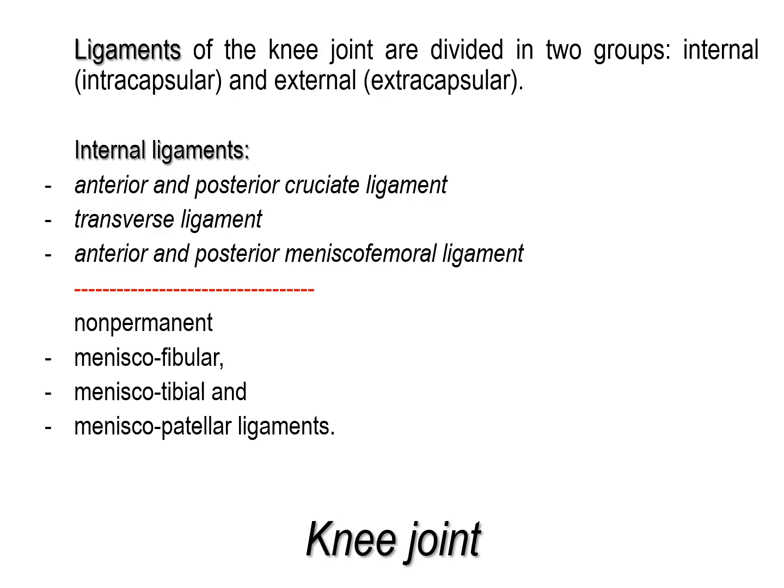They are permanent ligaments of the knee joint, but in some cases non-permanent ligaments could be present. Their names are meniscofibular, meniscotibial, and meniscopatellar ligaments.